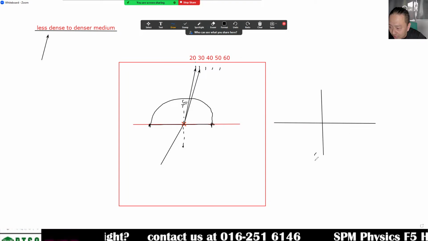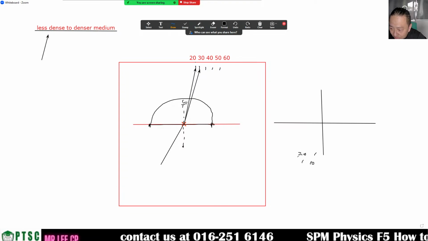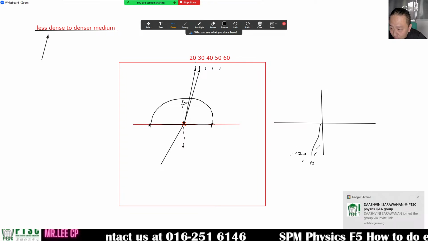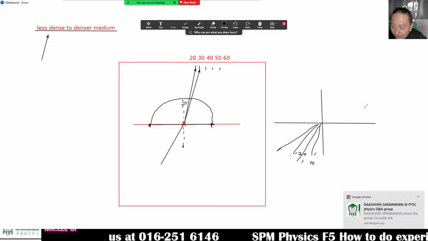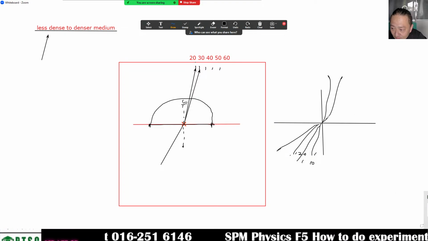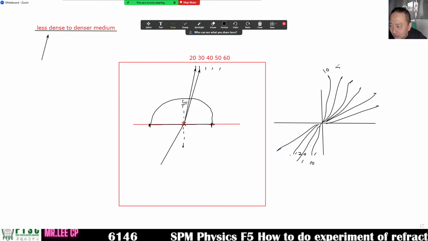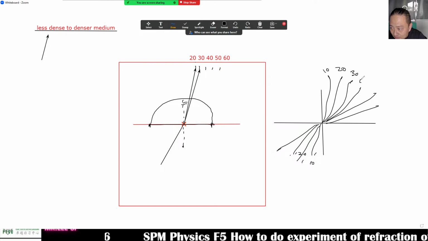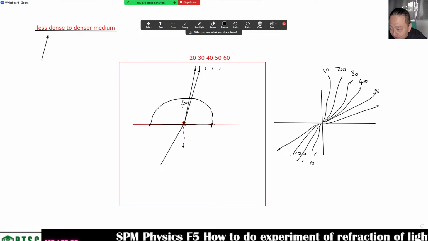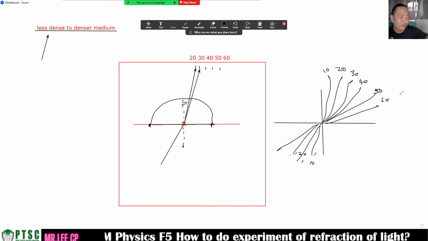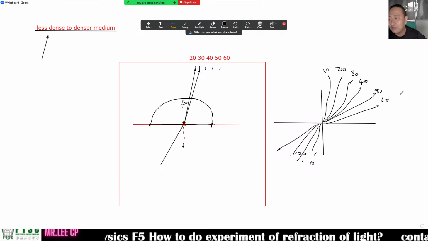How? 10 here, 20 here, you mark already 30, 40, 50 here. You measure properly. And then here 10, 20, 30, 40, 50 you also do. Chun 10, 20, 30, 40, 50, you measure chun, everything done already.